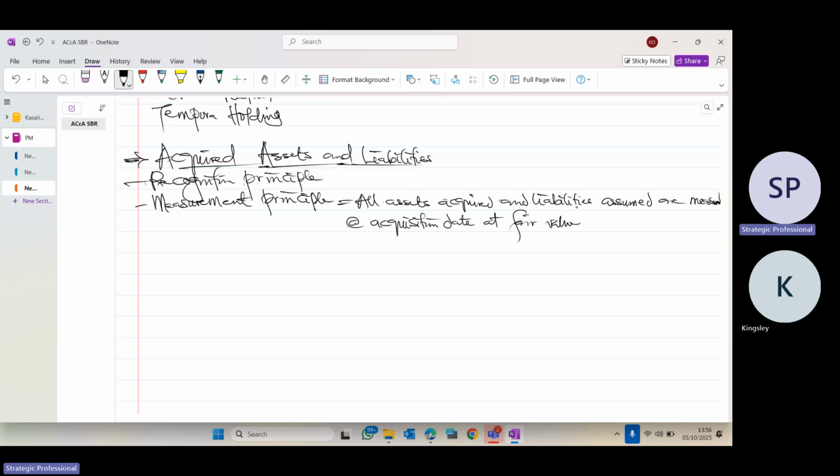All the assets and liabilities are expected to be at their fair value.